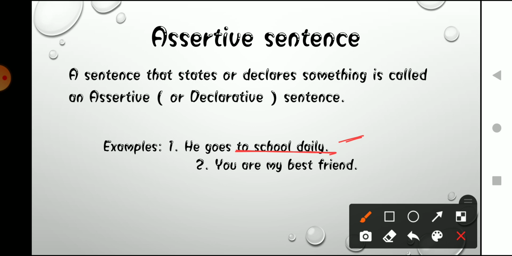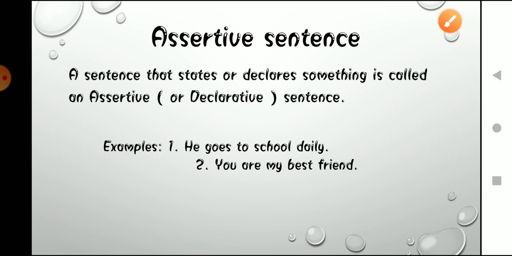And the second sentence is, you are my best friend. This is a declaration, meaning I am telling my best friend that you are my best friend. And assertive sentences end with a period. Period means full stop, right?